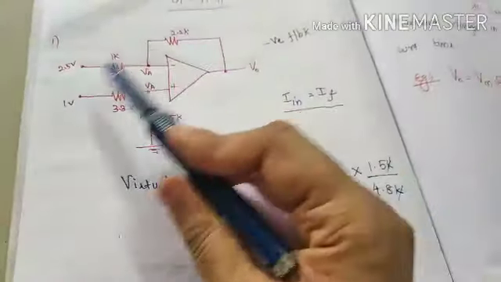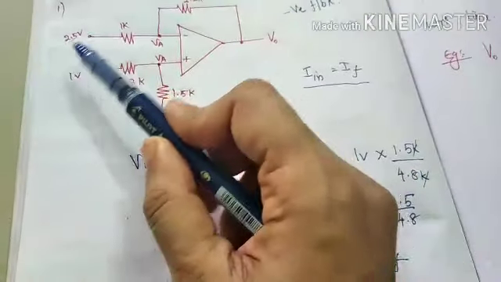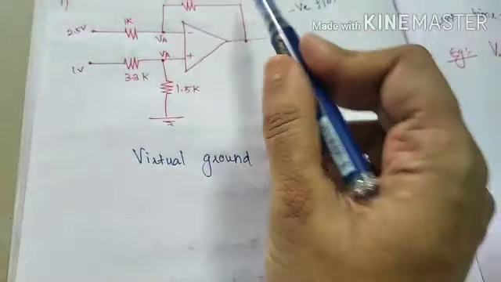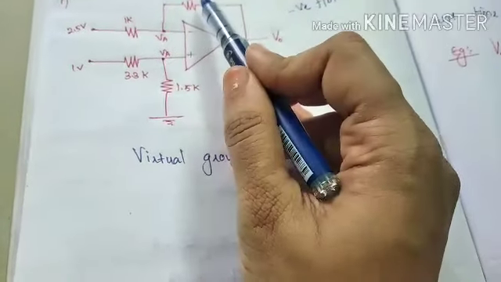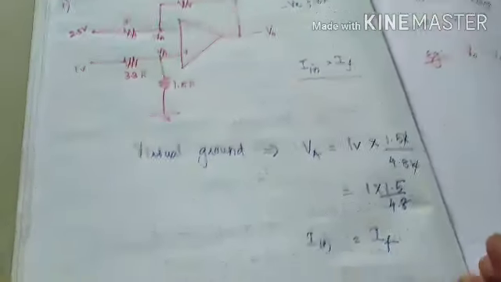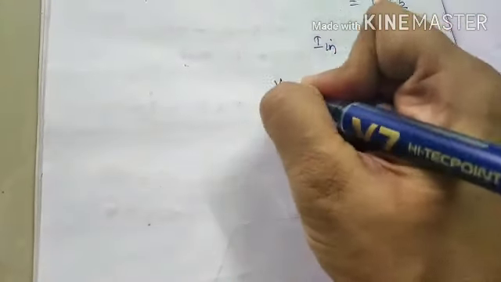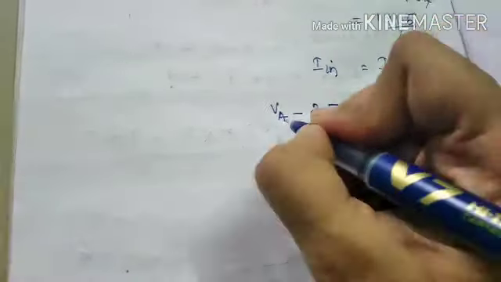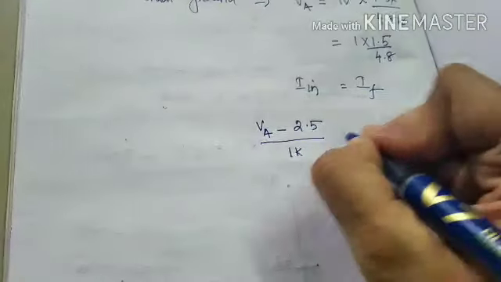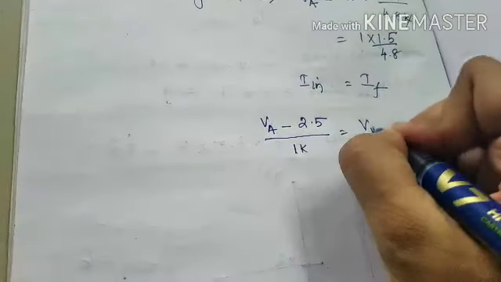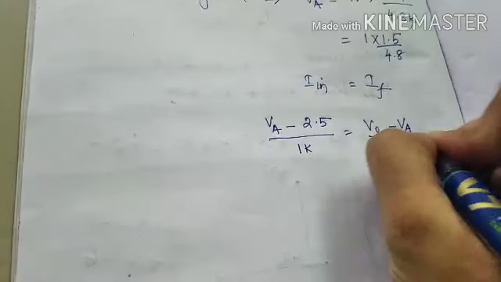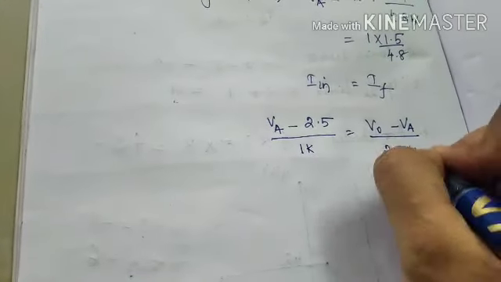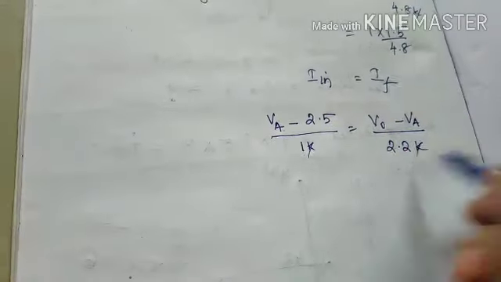Else we can calculate in this manner also: (VA minus 2.5) by 1K equals (V0 minus VA) by 2.2K. The K's get cancelled.